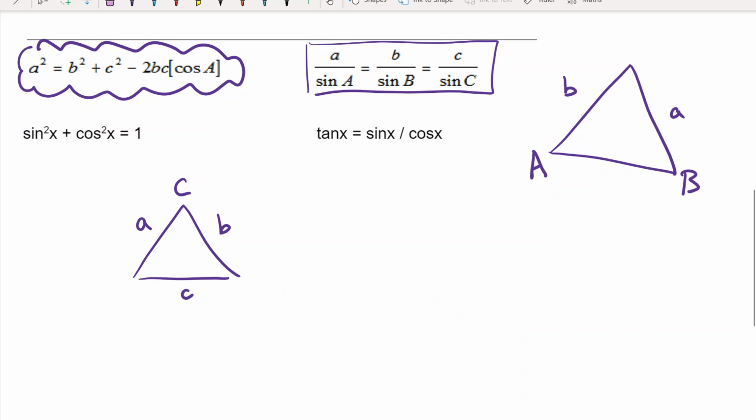You can also use this formula if you have all of the sides and none of the angles. So in that case, let's say you're trying to find angle C, right?